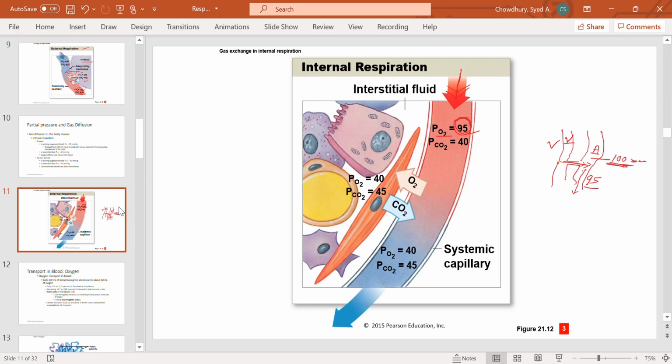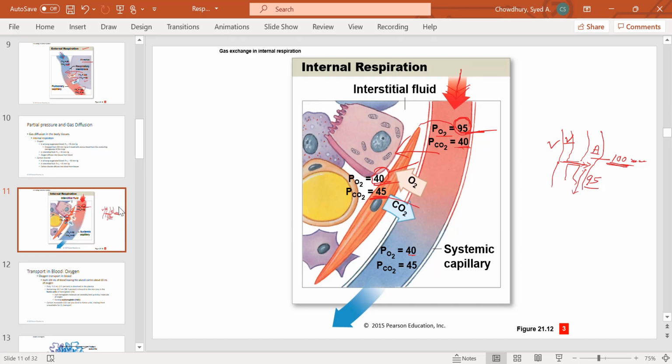But which is fine, because in the tissue you see O2 pressure is only 40. So the difference here is 55 millimeter of mercury, right? This one and this one. So oxygen will get out because of that 55 millimeter pressure difference. And carbon dioxide, as I mentioned, 45 in the tissue and 40 in the blood.